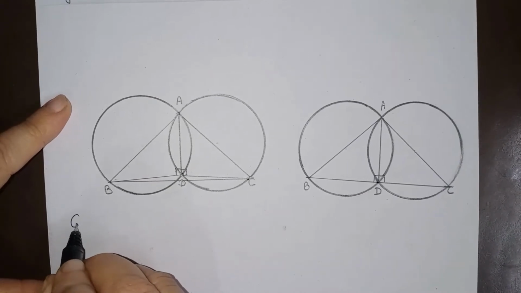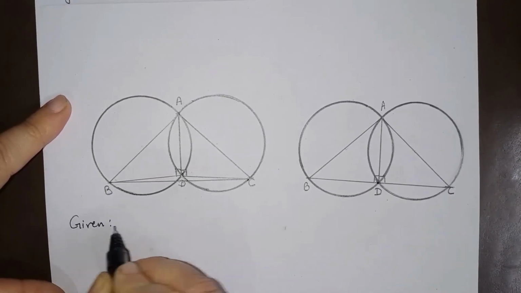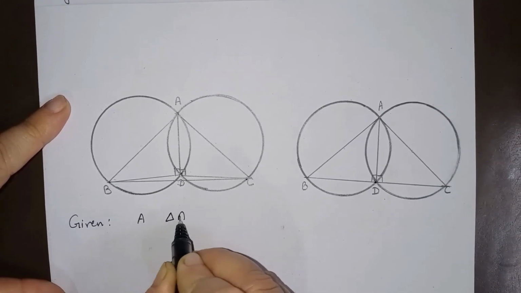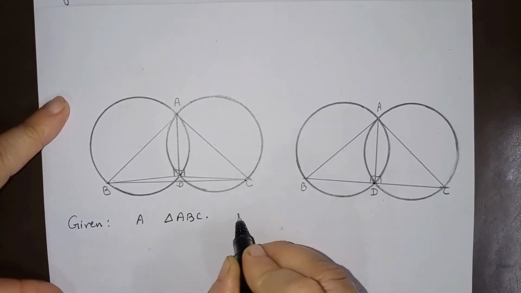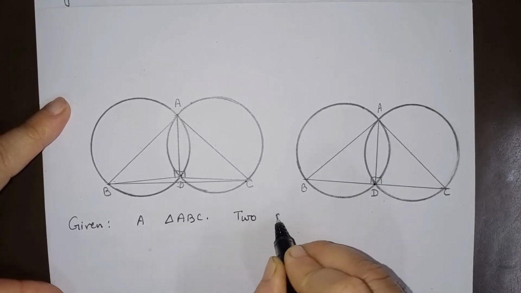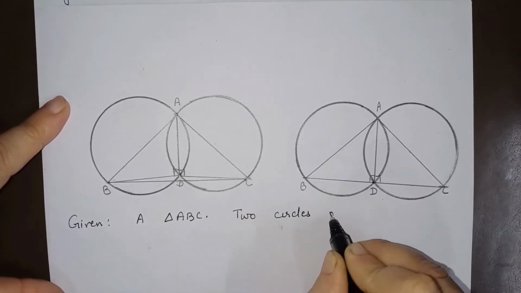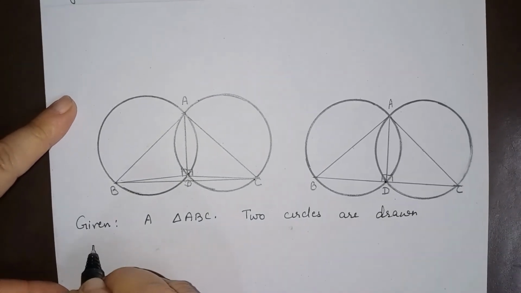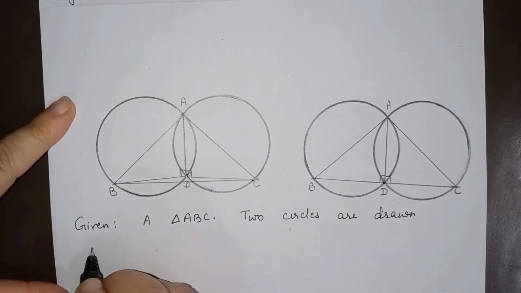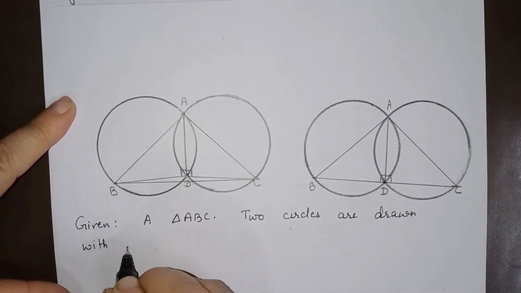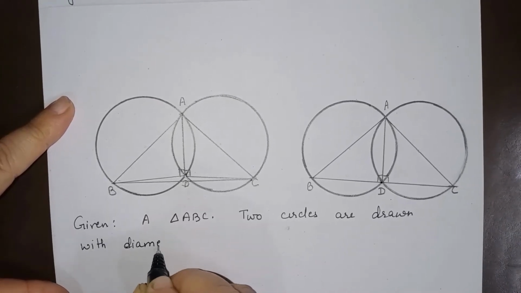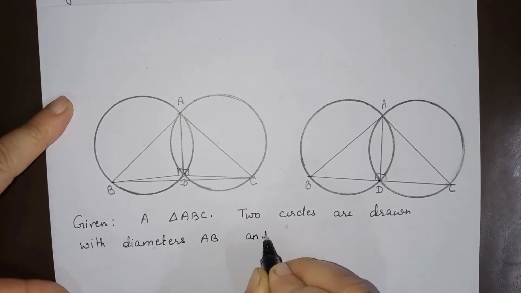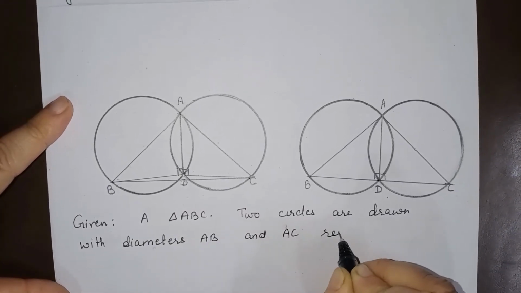So let us see what is given. It is given that a triangle ABC, and two circles are drawn with diameters AB and AC respectively.